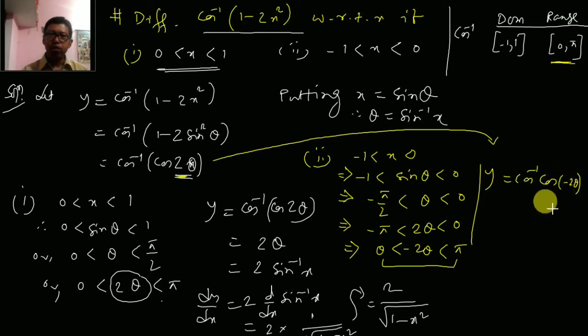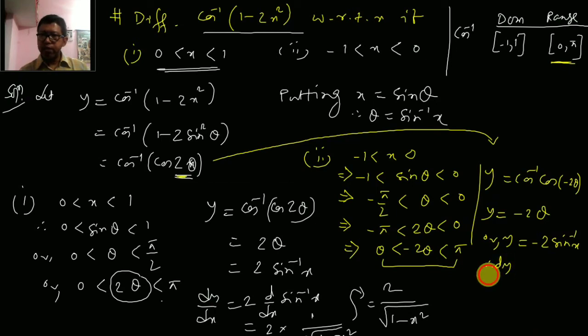So y is equal to minus 2 theta. Theta is equal to, what is theta? Theta is equal to sin inverse of x. Therefore dy/dx, what is dy/dx? dy/dx is equal to minus 2, as usual, derivative of sin inverse x is equal to 1 upon root over 1 minus x square. So this is minus 2 divided by root over of 1 minus x square, hence the result.